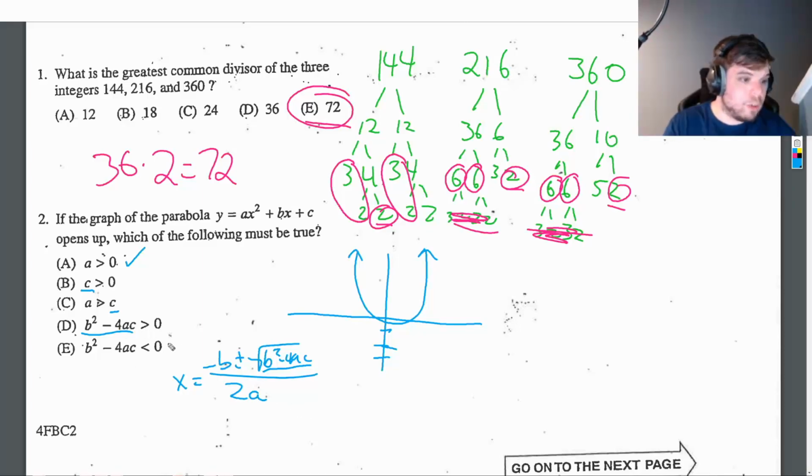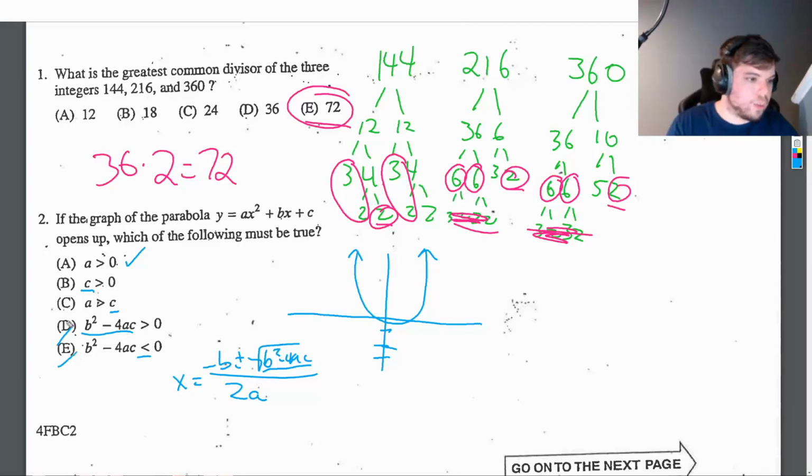This being greater than 0 does not determine whether it opens up or down. What that determines is the number of real solutions. If it's greater than 0, you're going to have 2 real solutions. If it's less than 0, you're going to have 0 real solutions. Both of your solutions will be complex. And if it is equal to 0, you will have 1 real solution with multiplicity 2. Or real root, I should say.